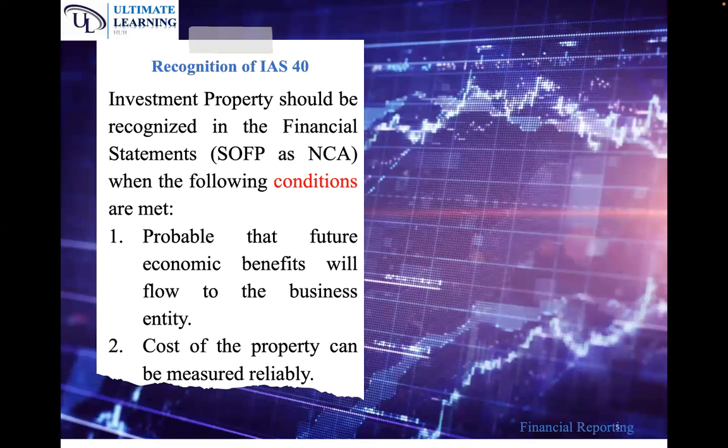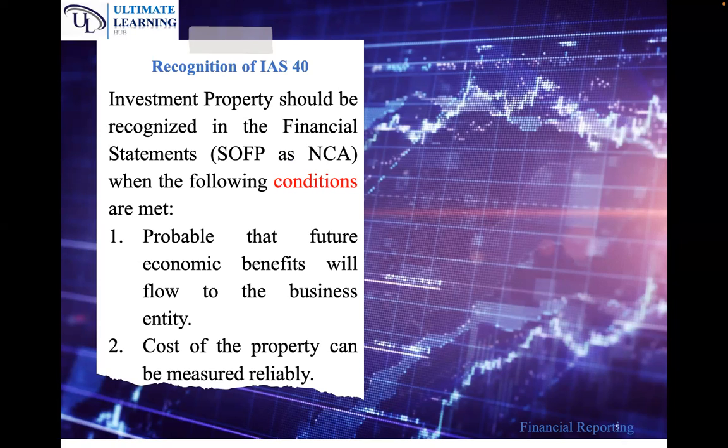Now, how do we recognize investment property? Investment property is recognized in the statement of financial position as a non-current asset. To recognize is to put it into the balance sheet, the statement of financial position, as a non-current asset. Now, investment property is recognized if two conditions are met.